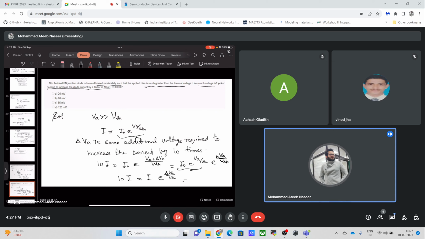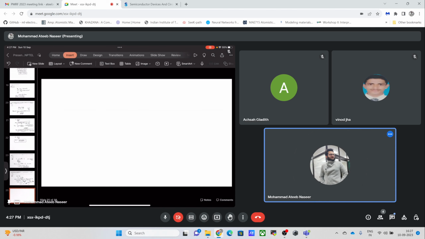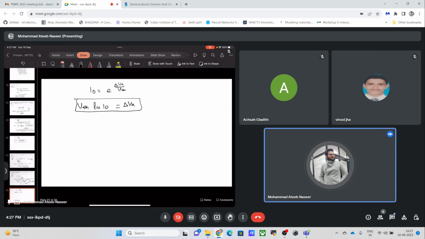So it simply translates to 10 equals exponential of delta VA by VTH. So ln of 10 times VTH is the change in the applied bias that is required to change the current magnitude by 1 decade.